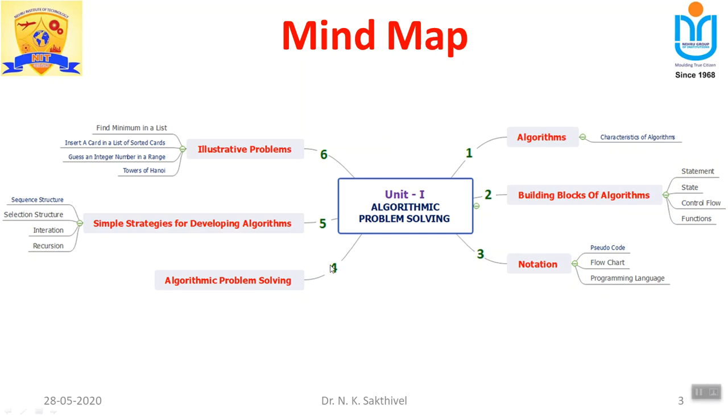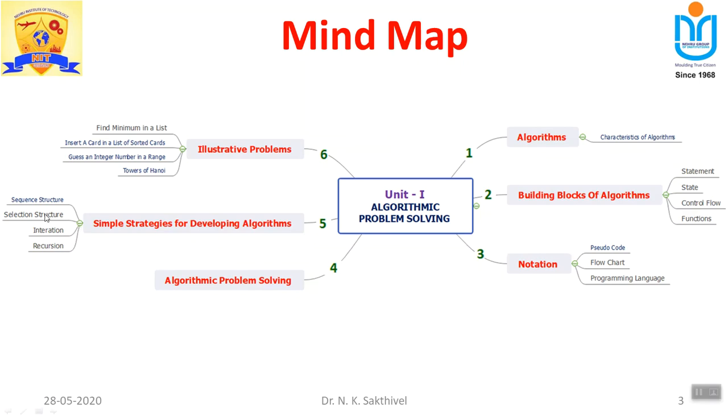Then algorithmic problem solving techniques, where we take all the points of building blocks. Whenever the university examination asks for the building blocks of algorithms, you can explain all 4 topics, and then we can also give algorithm analysis, plus different strategies for developing and analyzing algorithms.